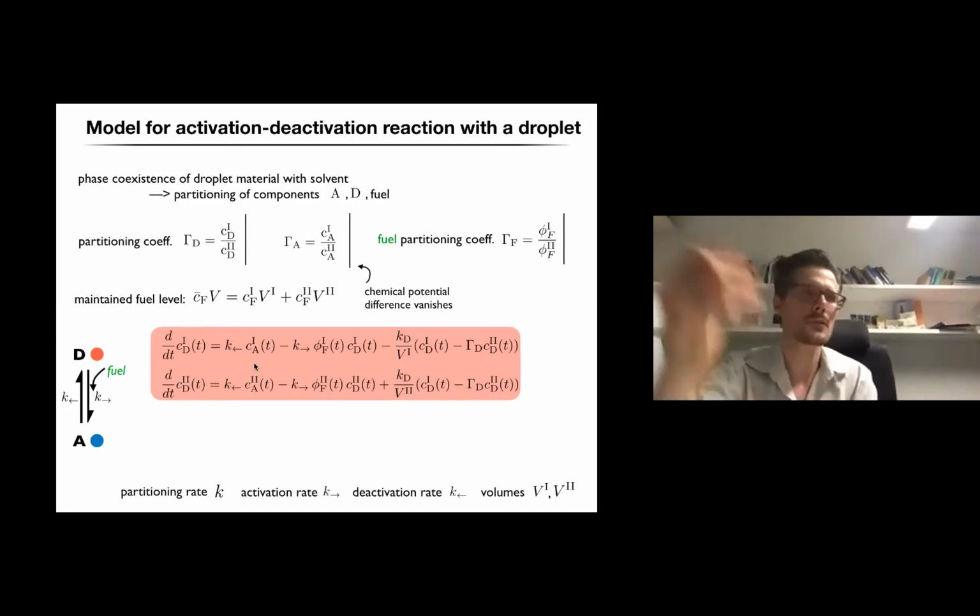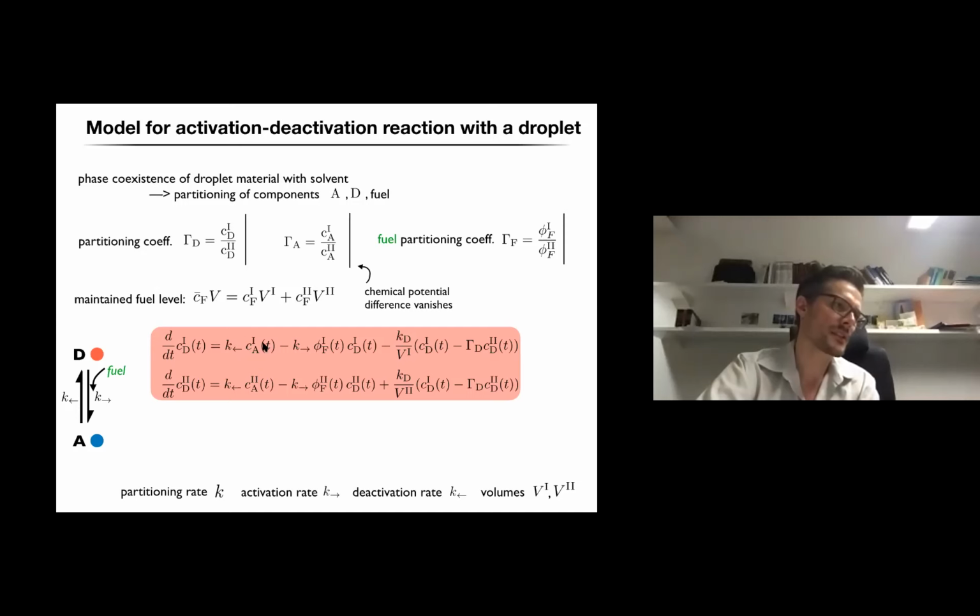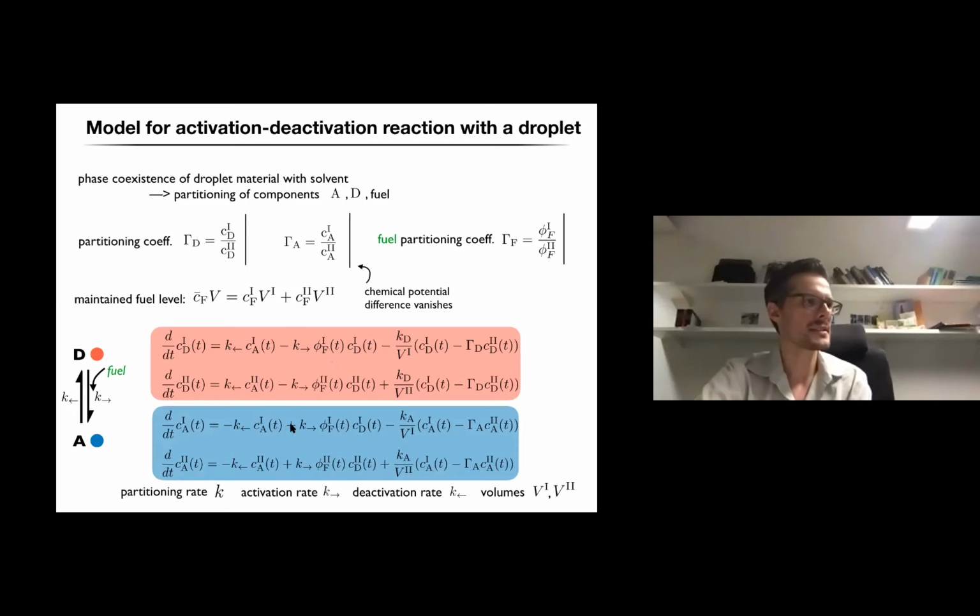This comes from the dilute limit, where you have, for example, the backward pathway, where you make out of an activated a deactivated one. It scales exactly with concentration, and also the opposite pathway. The only difference is that it now requires fuel to move from D to A. But it's a very intuitive structure, and there are similar equations with a minus sign, because the total A and D is conserved in the system. You would also have this for the A material.